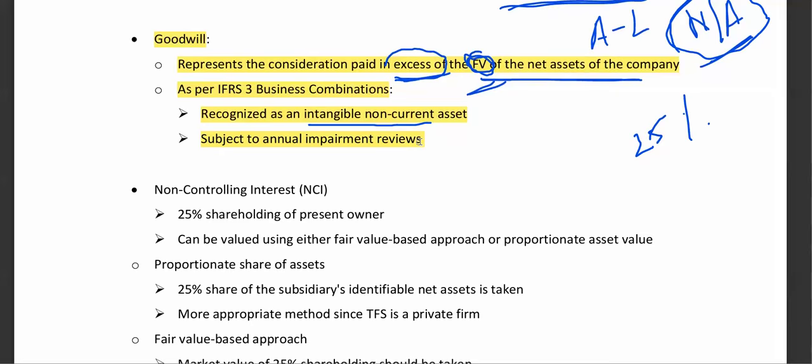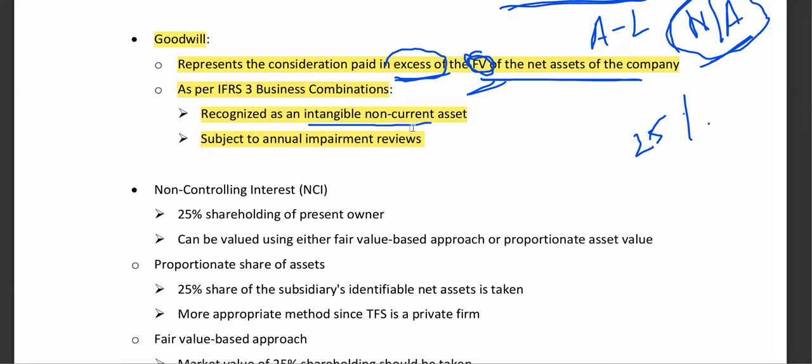It could be the customer base, it could be its brand, it could be its reputation, it could be the ecosystem which it has built around its existence. So if negative events have impacted the business after the acquisition, it would negatively impact this goodwill, and we would have to carry out an impairment review on the goodwill.